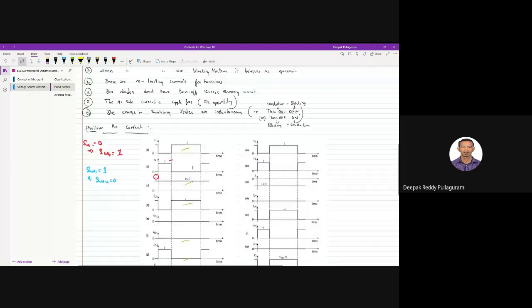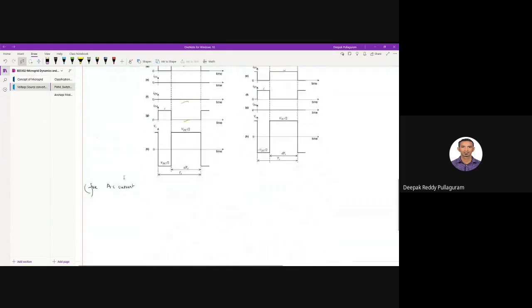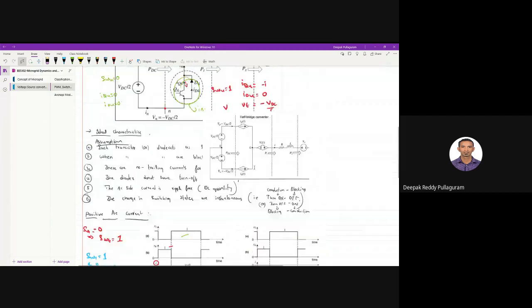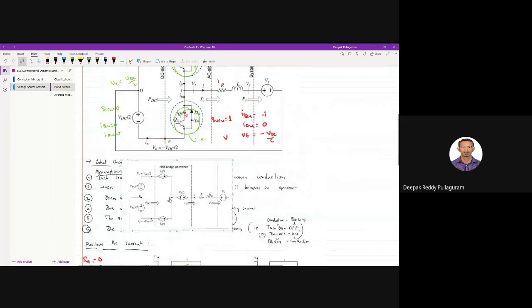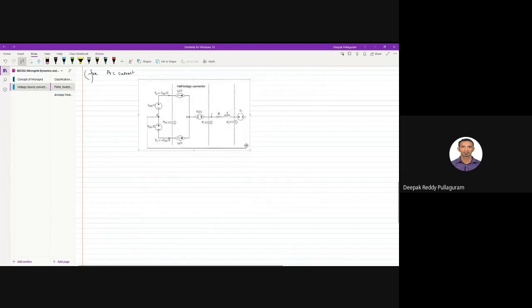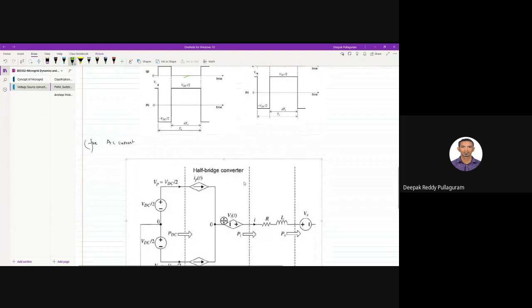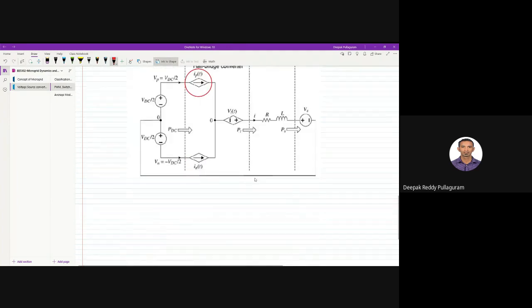To give the power analysis, I'm taking that entire switch unit as IP and IN.